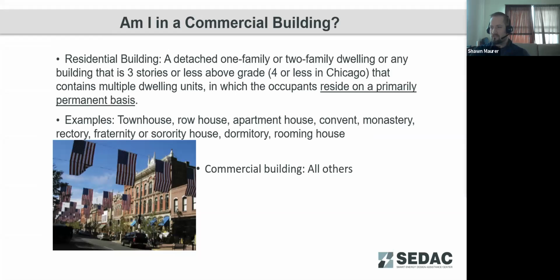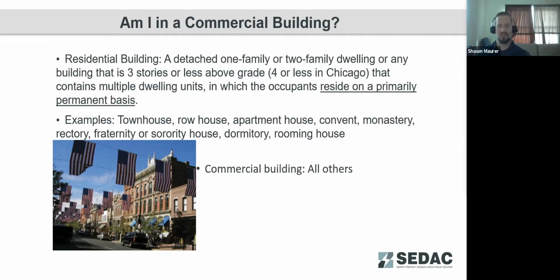So today, as we're covering commercial buildings, it helps to know what is a commercial building. The Energy Conservation Code describes a residential building as a detached one-family or two-family dwelling, or any building that is 3 stories or less above grade, 4 stories in Chicago with their amendments, that contains multiple dwelling units in which the occupants reside on a primarily permanent basis.